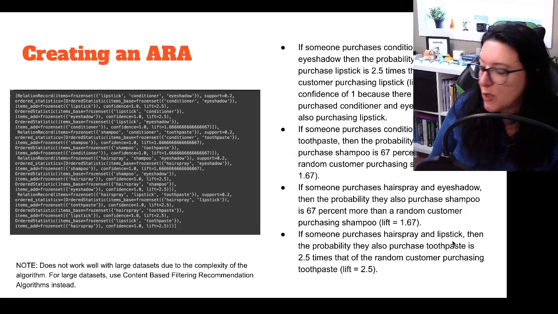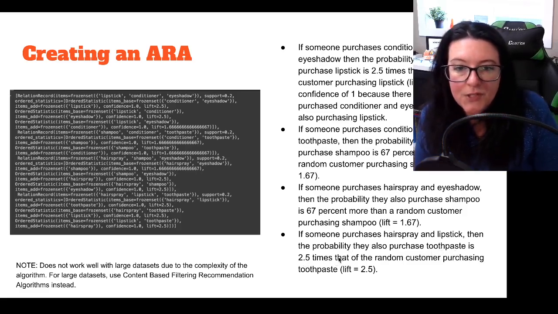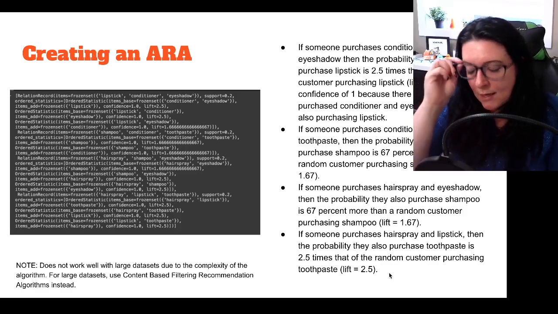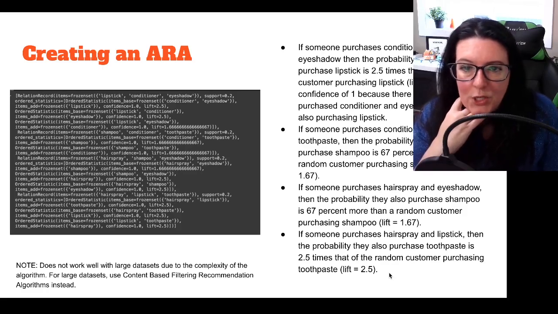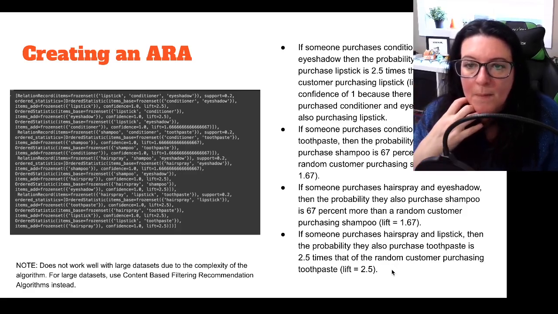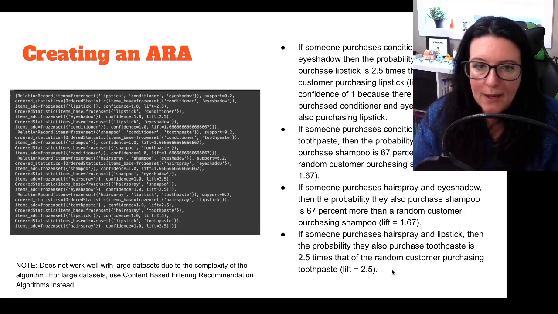If someone purchases hairspray and lipstick, then the probability they also purchase toothpaste is 2.5 times, a lift of 2.5. So you can see how you interpret the lift ratio. So higher lift ratios, increased chance of making that purchase of that particular good beyond just random chance.